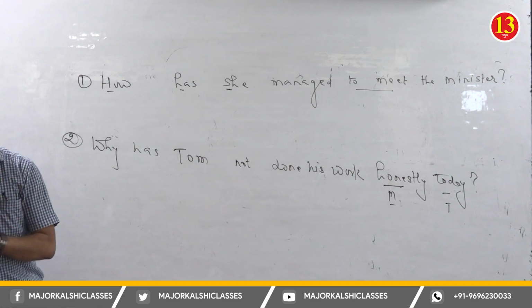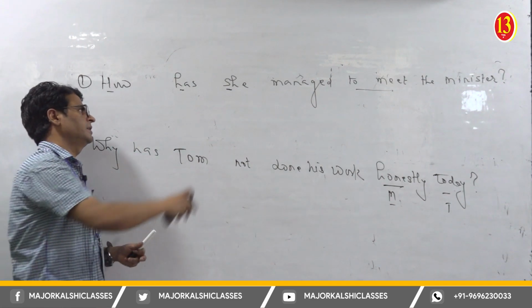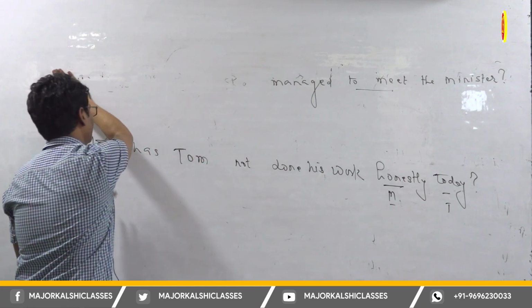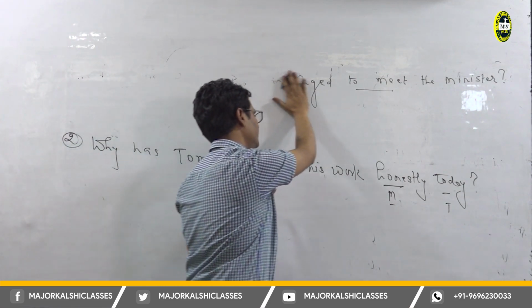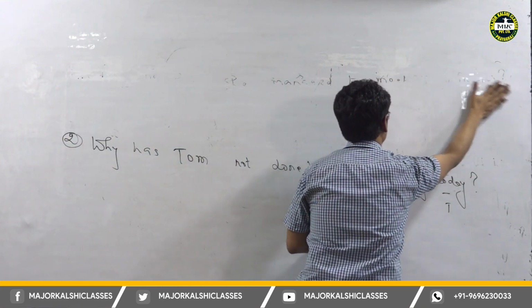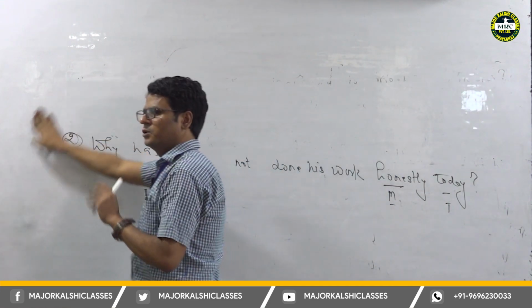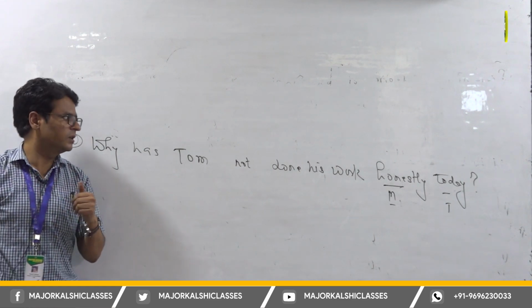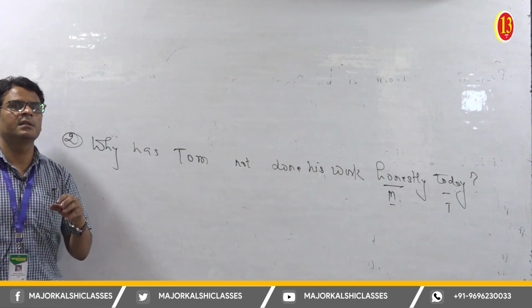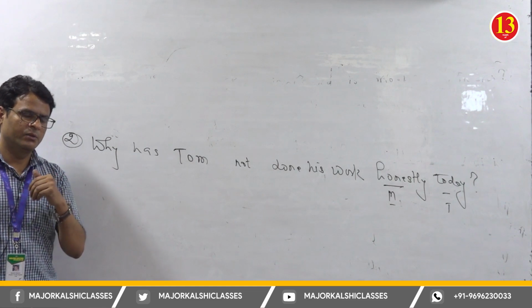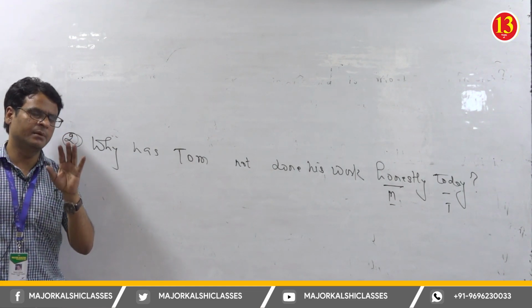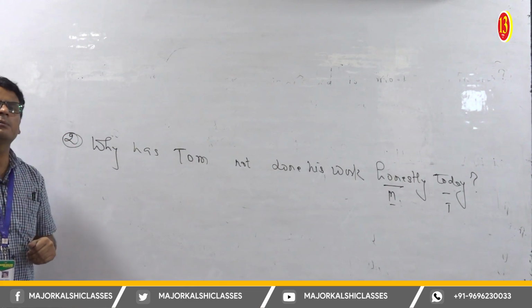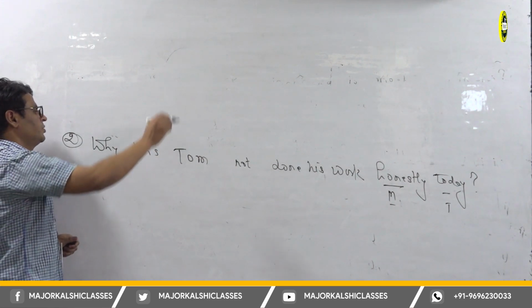Okay. And now we have to take some examples using who. Who, always remember, is a singular word. It functions in both ways. It is a question word as well as a subject. Where you find who, always remember, definitely the verb must be singular.